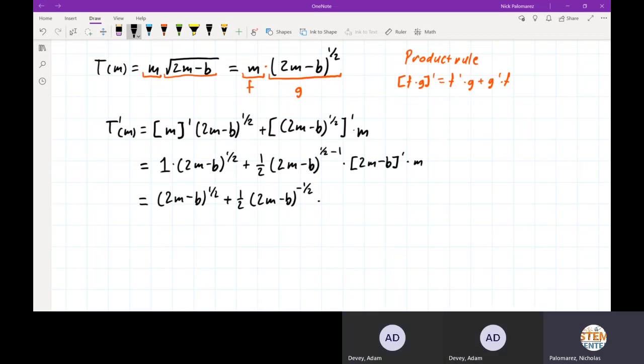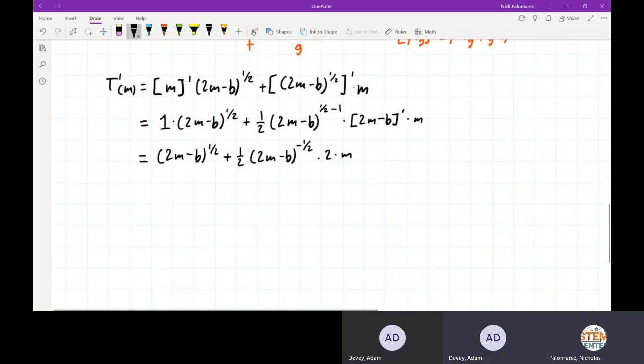So what does this 2m minus b prime come out to be? It would just be 2. 2 times m. Okay, it's looking pretty good.